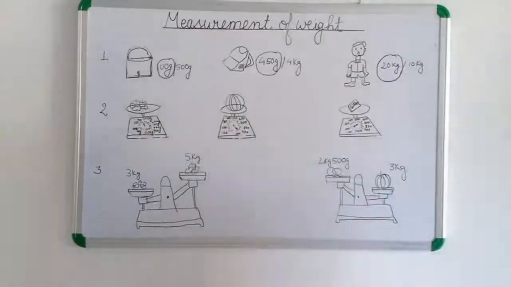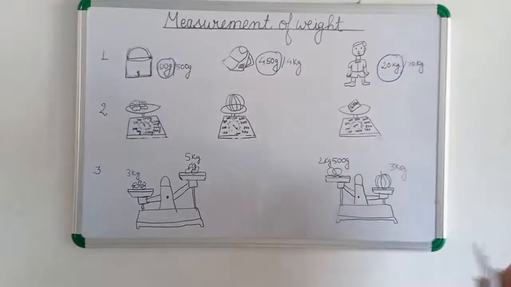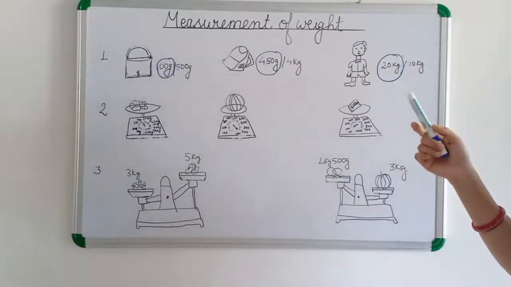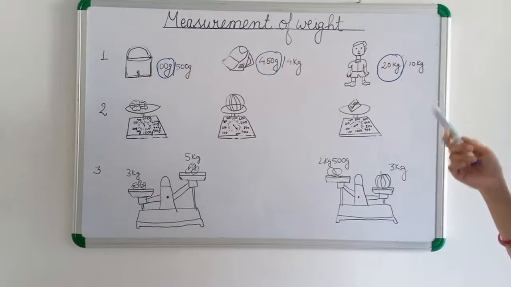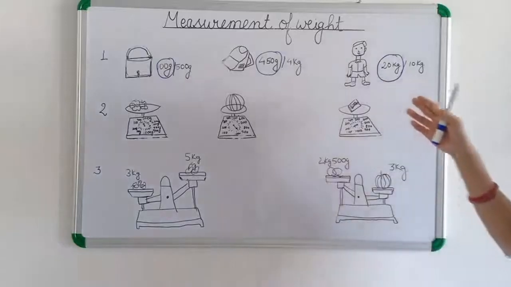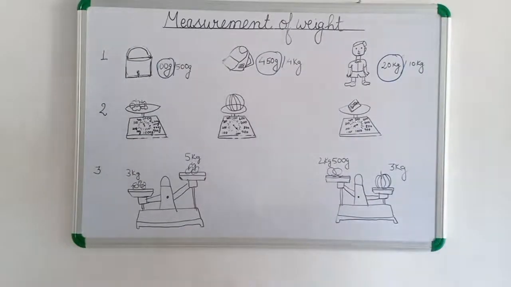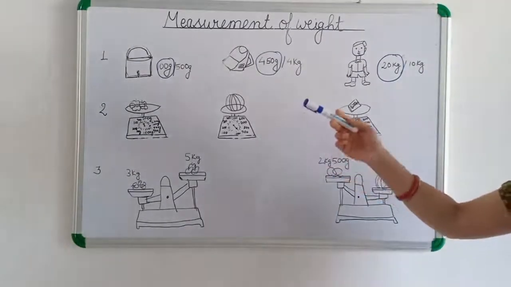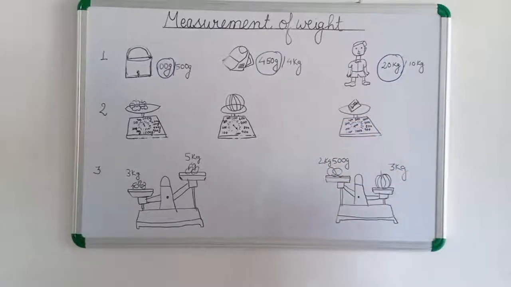So for the lock, the more suitable unit is 100 gram. For the bag, the more suitable weight is 450 gram, and 20 kg is more suitable for your weight.